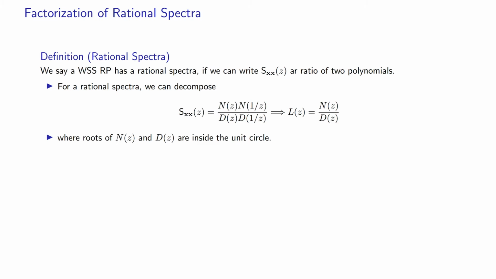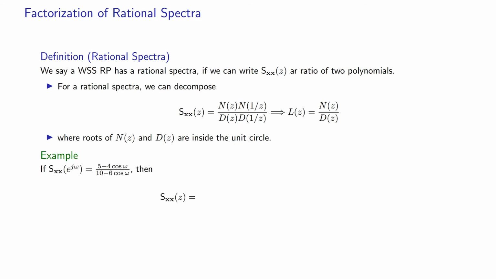The roots of N(z) and D(z) are the roots of the numerator and denominator, and they shall be inside the unit circle. Whatever roots and poles of S_x(z) are outside are the roots and poles of the other term. So these terms take the roots and poles which are outside the unit circle, and the other one takes whatever is inside.